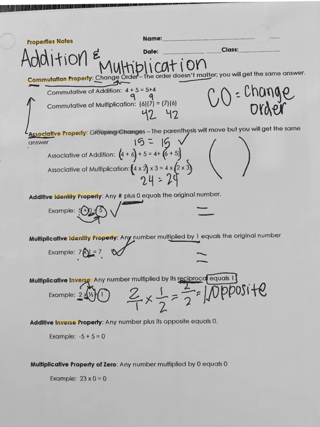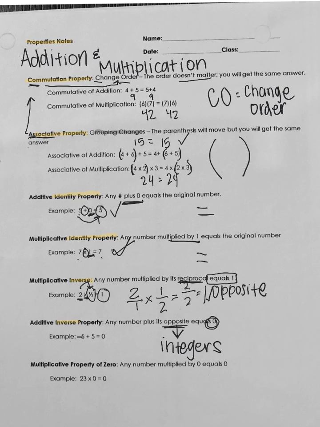My additive inverse means any number plus its opposite is actually going to equal 0. When we talk about the opposite of a positive number, we're getting into integers, which we are not going to talk about until Unit 7. But I do want to review with you, an integer is just the opposite or the negative form of a number.